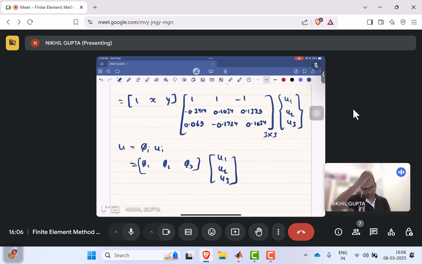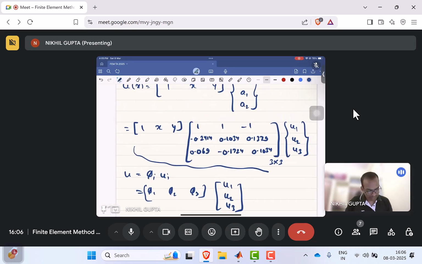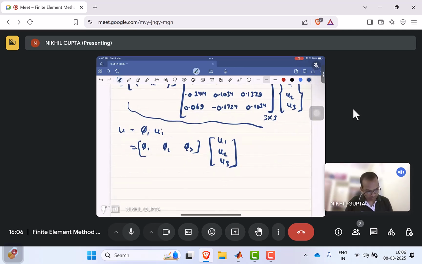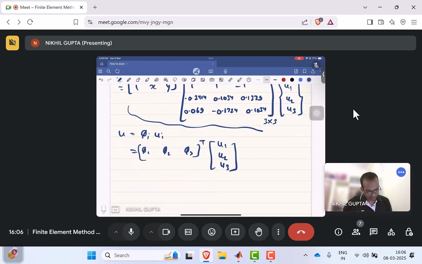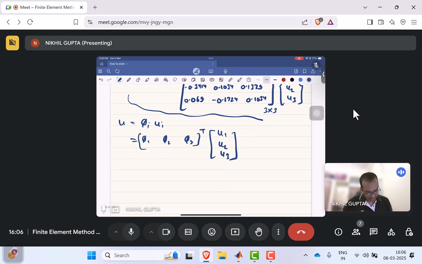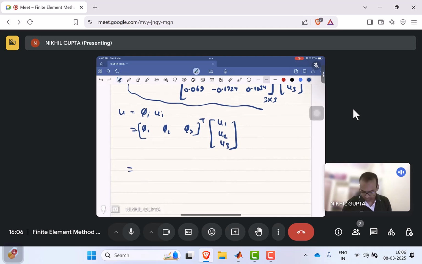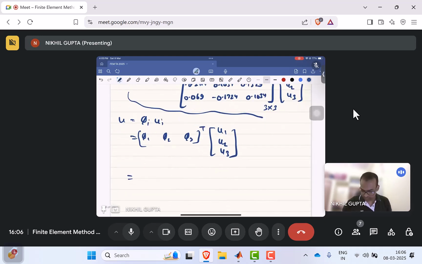So this phi will be your phi 1, phi 2, phi 3. When you multiply this with x y, this is 3 cross 3, this is 1 cross 3. So you have to create phi transpose and then multiply, and you will get it.